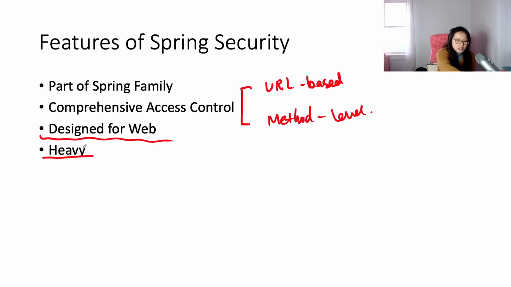It's heavy. From the coding part, you cannot see the heavy part, but actually Spring Security does lots of things for you behind the scenes. That's where the heaviness comes from, I think.